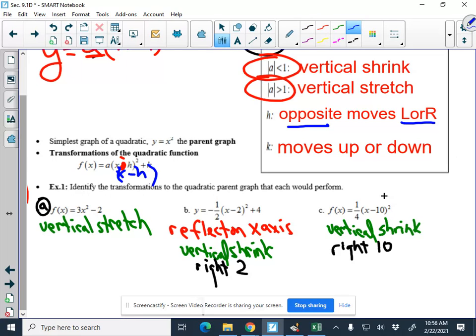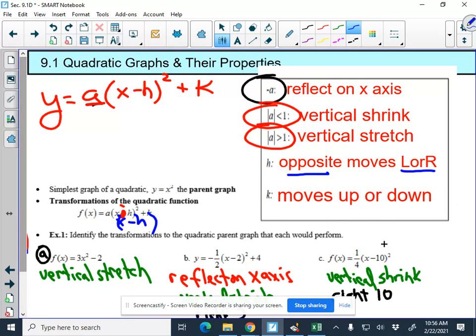Next, the last part, k. On the equation, when you're at the end of this, it says plus k. That will move up or down, but this one, notice I don't say the word opposite in there. This one does what it's supposed to. So a plus moves up, a minus moves down.